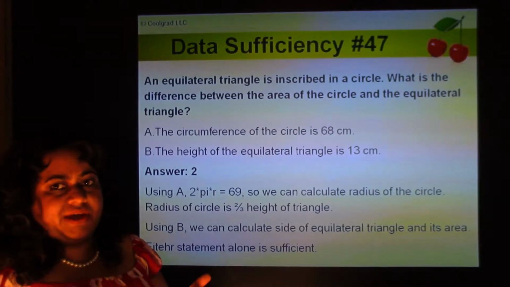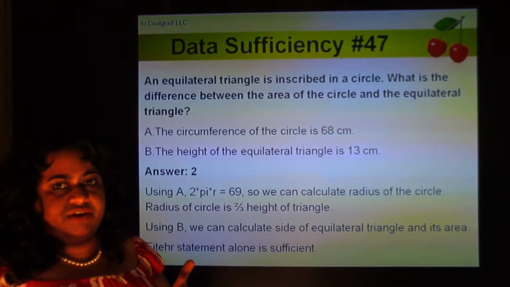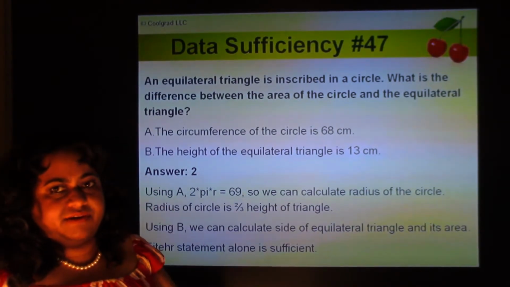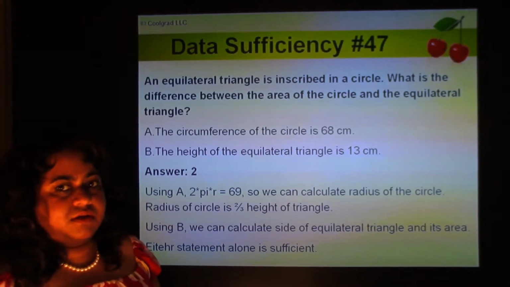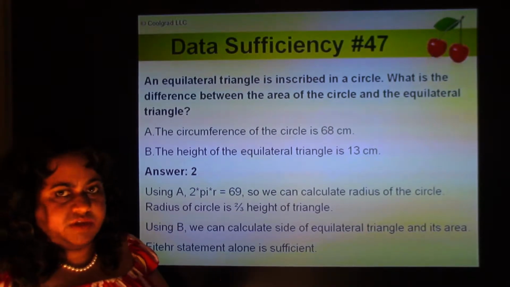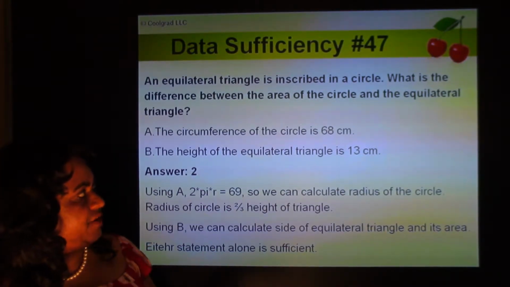So we have half of the base here and then one of the edges here, which is double the half of the base, and then we know the height. So you just plug in the values and solve for the length of the side of the equilateral triangle, and from that you calculate the area of the equilateral triangle.